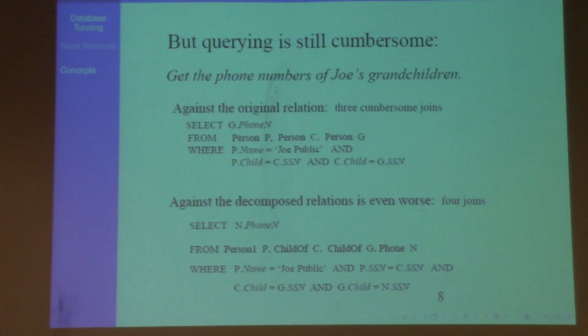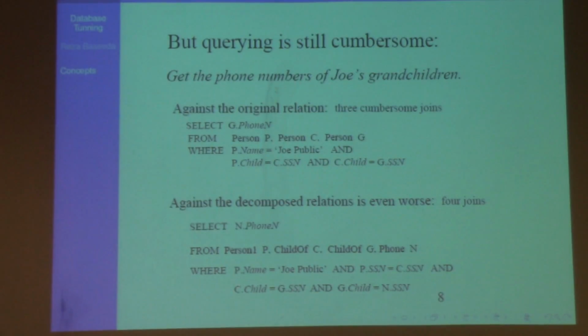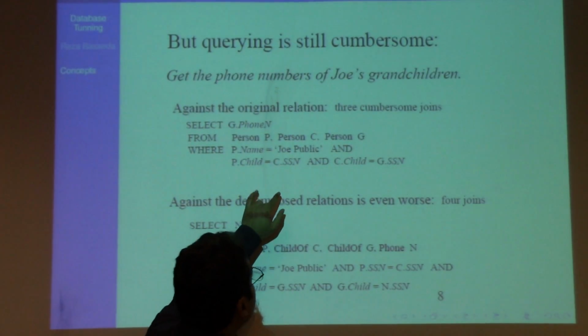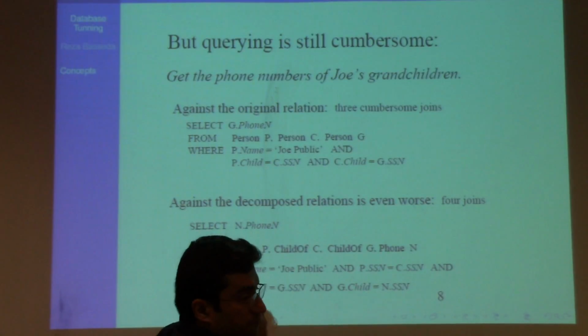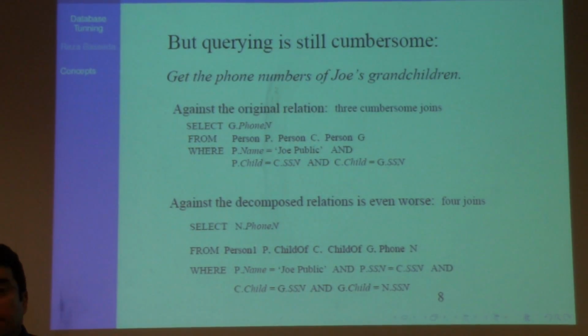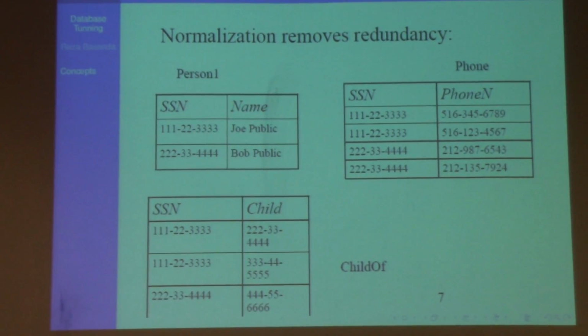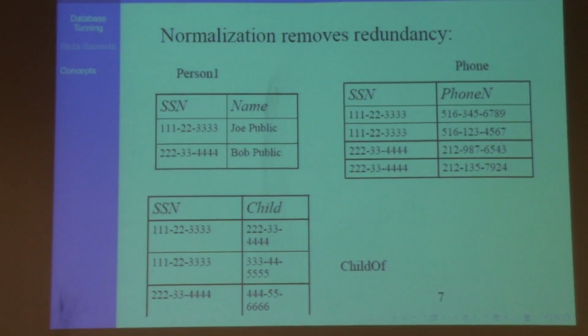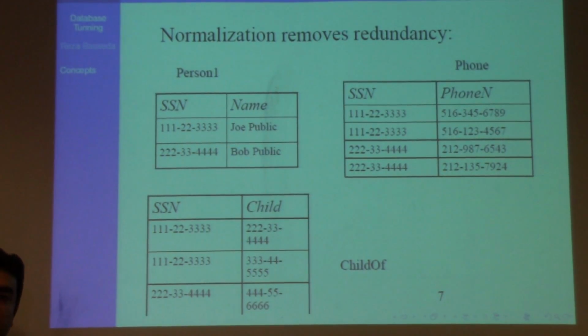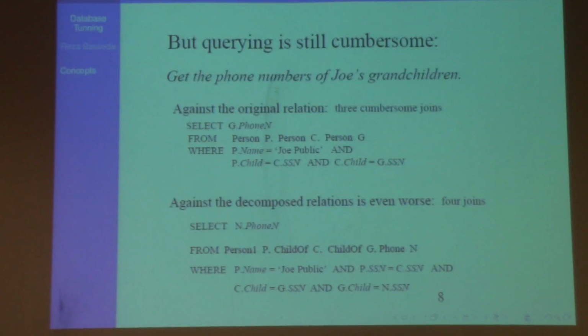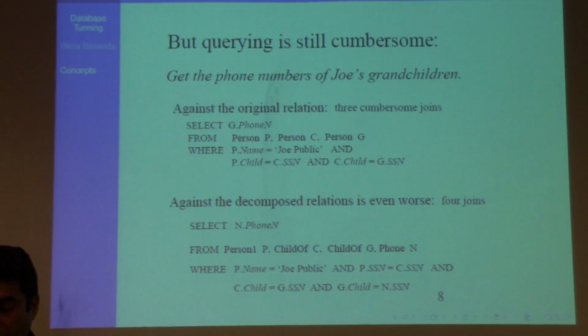And then we realize that if we want to, for example, find the phone numbers of grandchildren of a person, it will be difficult. Why? Because first of all, we have to multiply table personal, multiply table child of twice to itself, the first time to find the children, the second time to find the grandchildren. Then join it to the table of phone to find phone numbers.